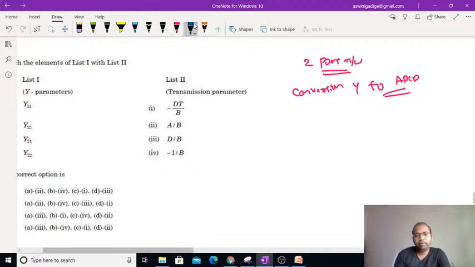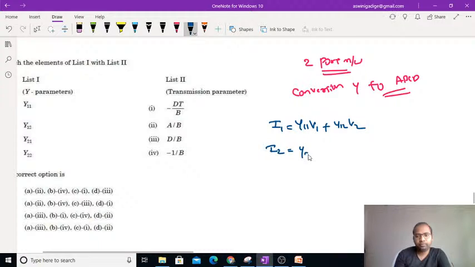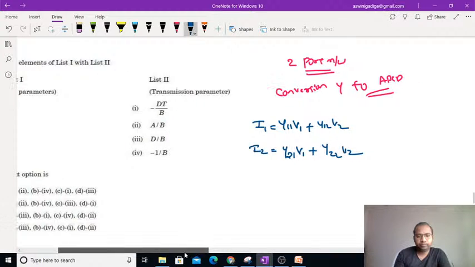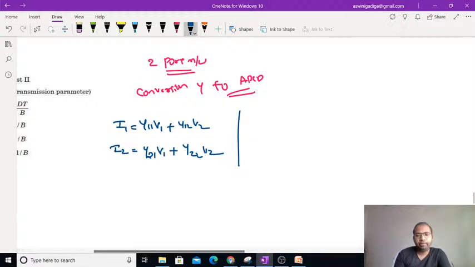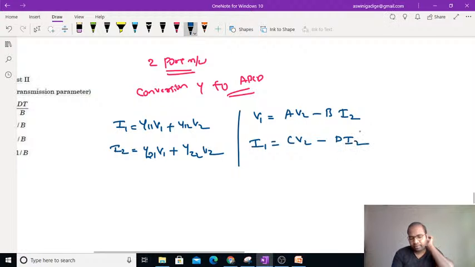So coming to the Y parameters, they can be written as this, and the ABCD parameters can be written like this.